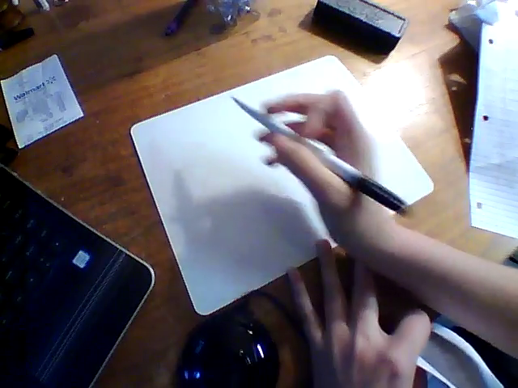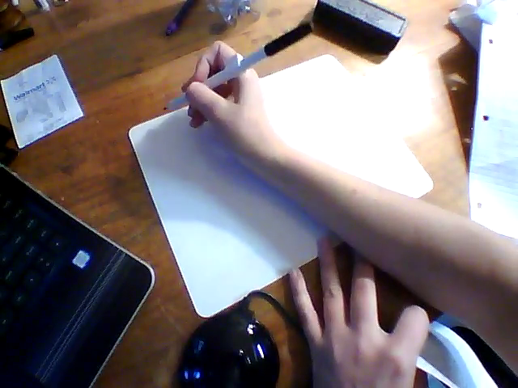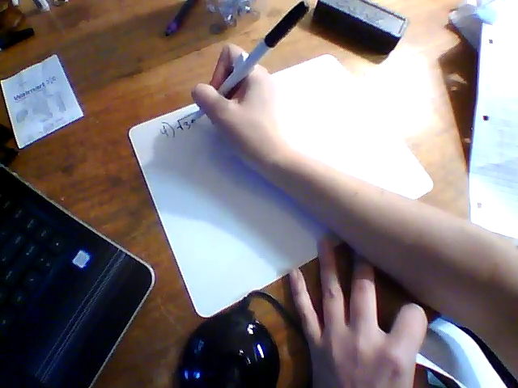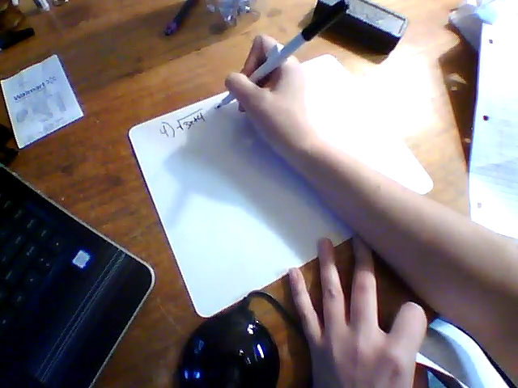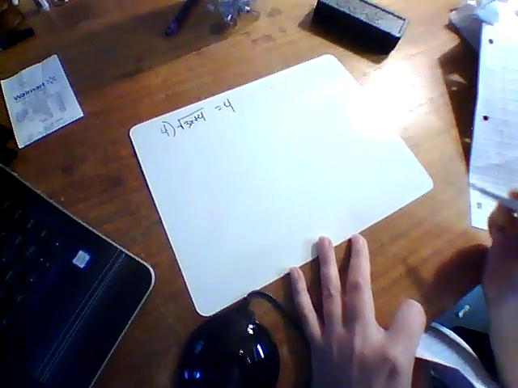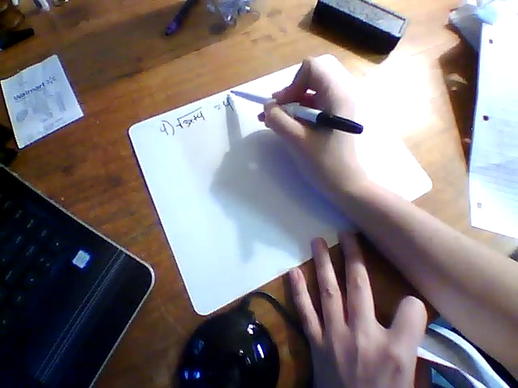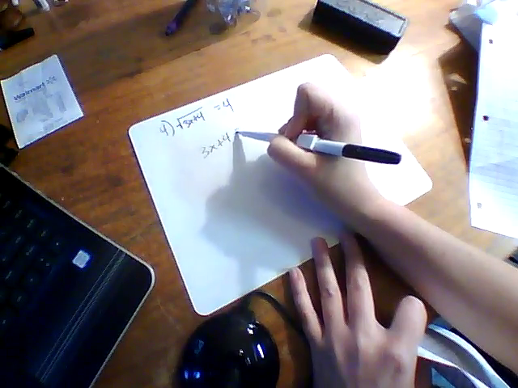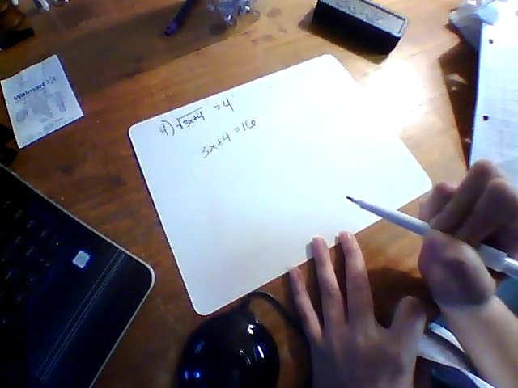Let's do another one of those. We'll do number 4, which is 3x plus 4 under the radical equals 4. Okay, I'm going to square both sides, which gives us 3x plus 4 equals 16.